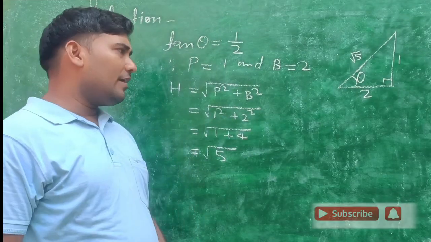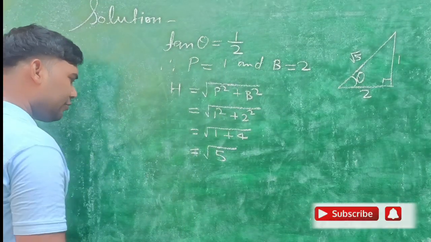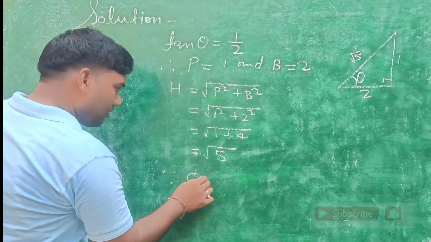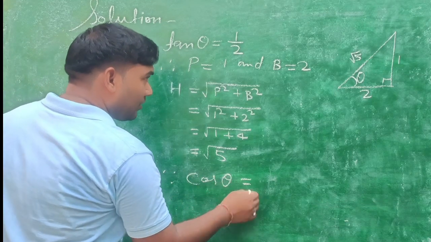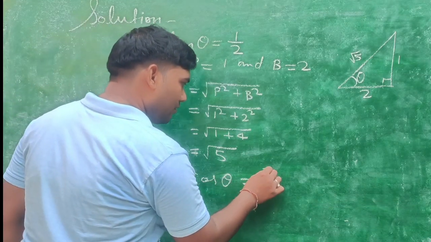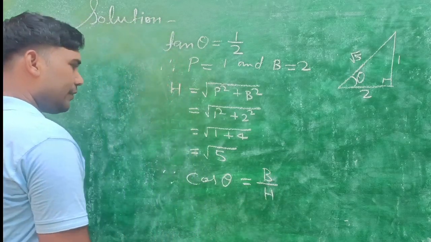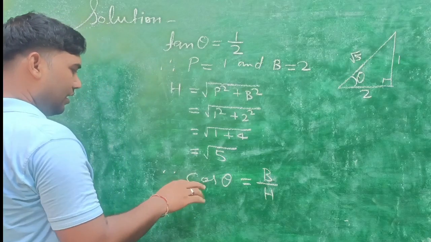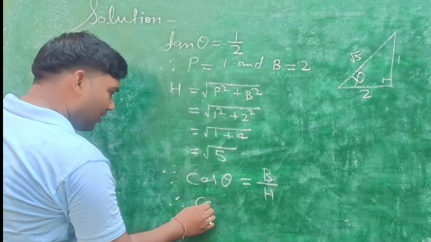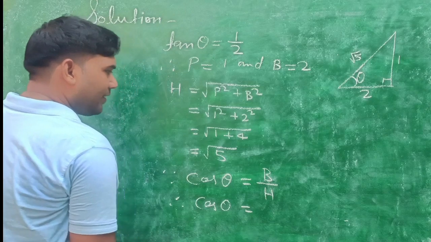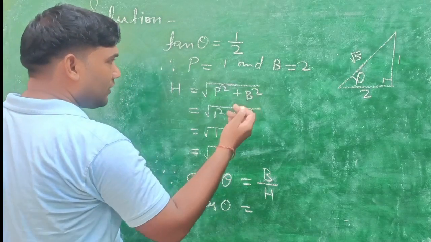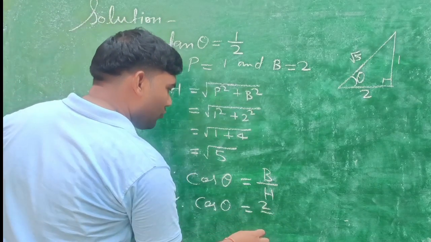Okay, now we'll find out the value of cos theta, and we know that cos theta is equal to base upon hypotenuse. Okay, so we can write B by H, and now therefore cos theta is equal to, put the values of B and H. B is what? 2 and H is root 5.